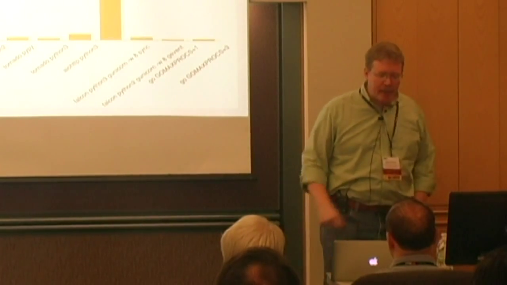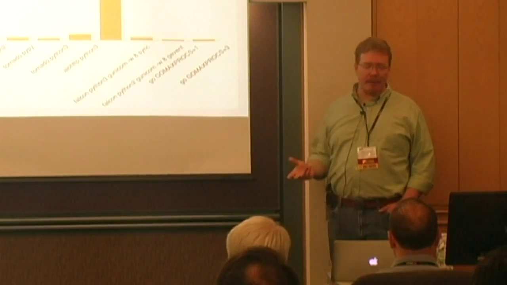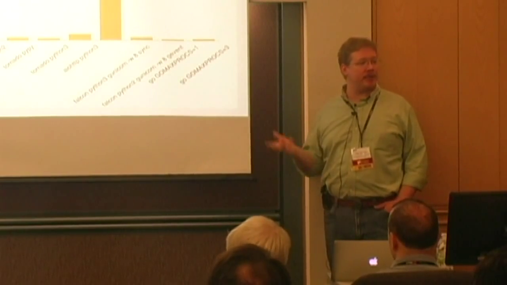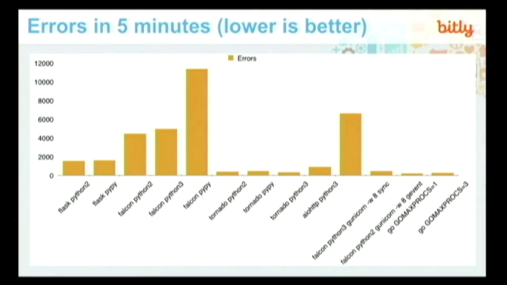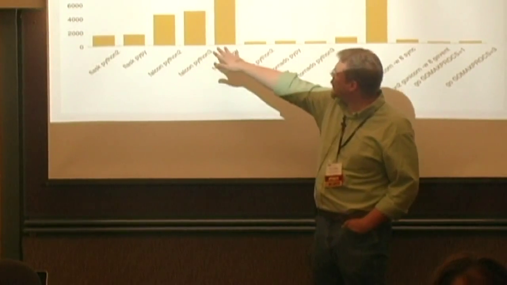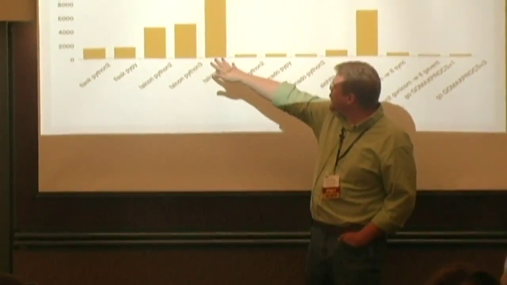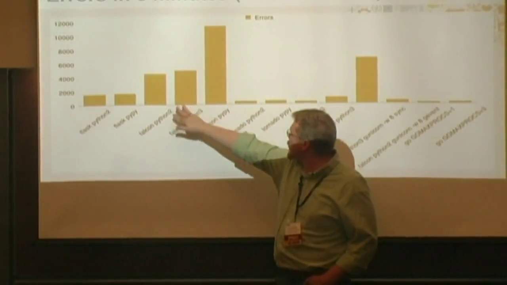Now here's the last graph I have for you, which is the number of errors that each of these created inside the 5-minute test run that I did for each of them. What do we have here? So Flask, about 2,000. Falcon, 5,500, 6,000.